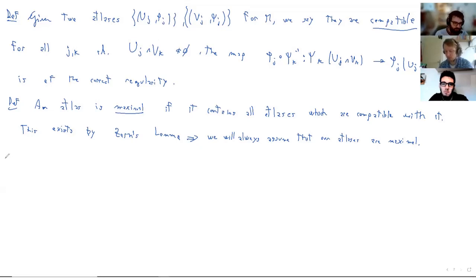Okay, so now let's define also what is a smooth map between two smooth manifolds. So M, N smooth or complex manifolds.